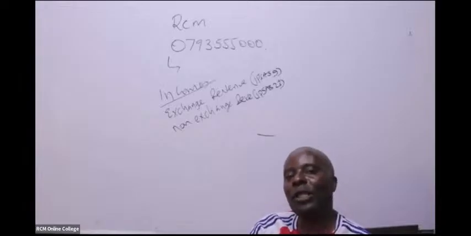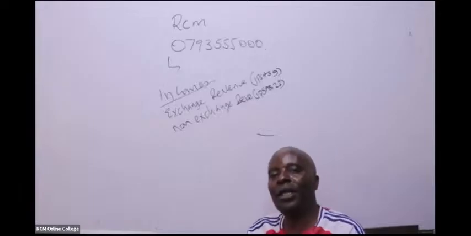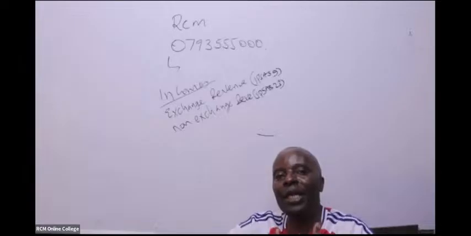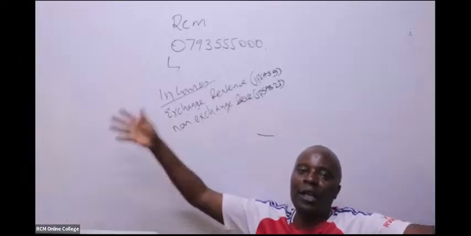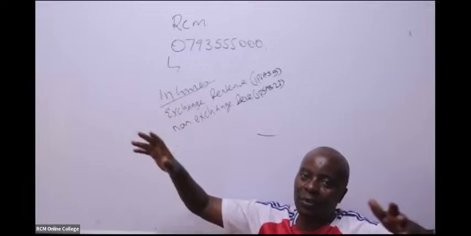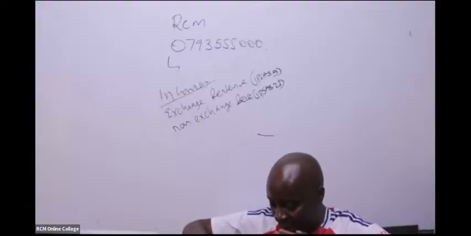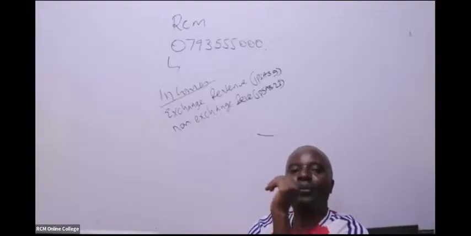So assuming you are the United Nations, you have gotten donations from the United States of America worth 10 million US dollars. This money is being given to you like a grant for free. Don't return it. In some cases they give you conditions, but in most cases, no conditions. We are giving you that money, use it.